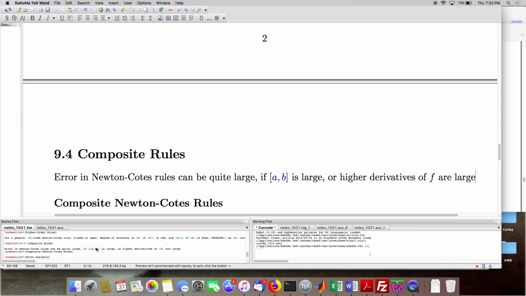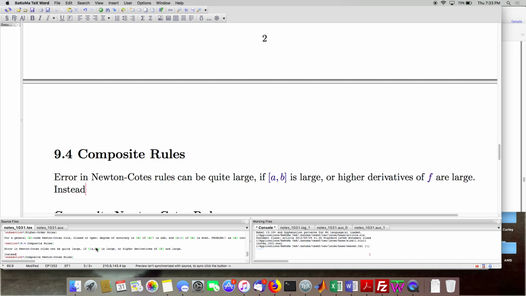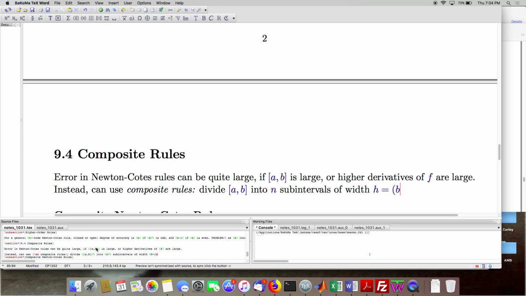So what can be done about that? Instead, we can use composite rules. The idea behind composite rules is to divide the interval AB into n subintervals of width h equals b minus a over n.